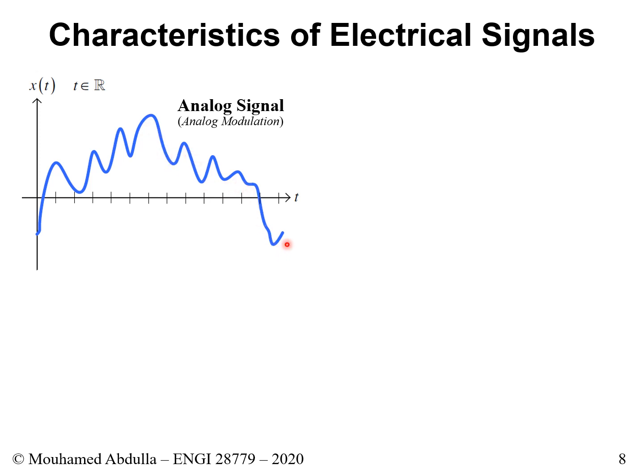Now, if you notice on this graph, you have so many different possibilities for the value of amplitude. Because there are so many different possible values, it's continuous in that sense. The more accurate way of saying this is that there is an infinite number of amplitude levels on the y-axis. And because of that, this signal is analog.